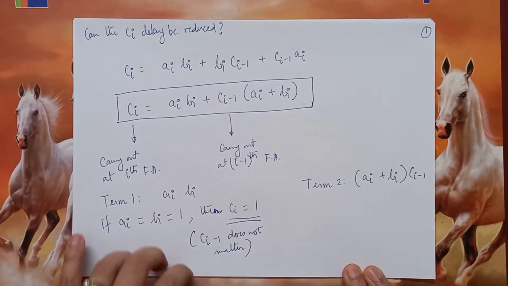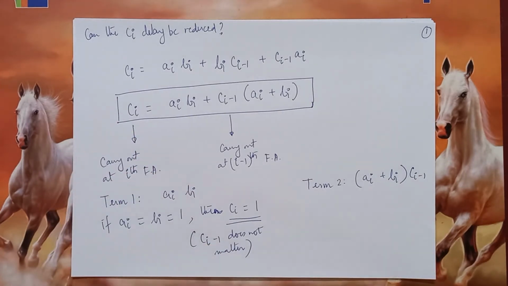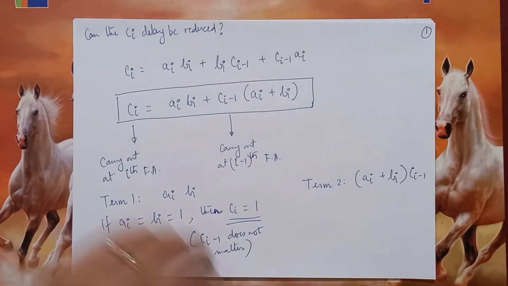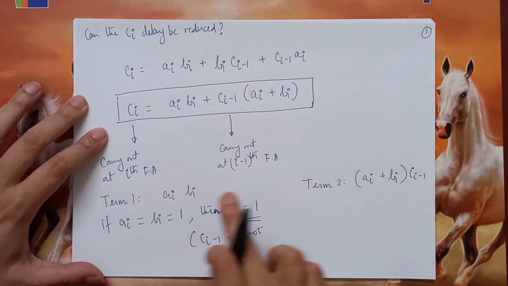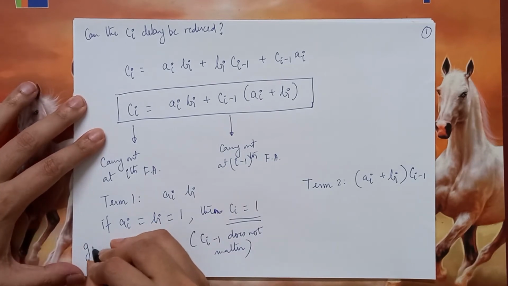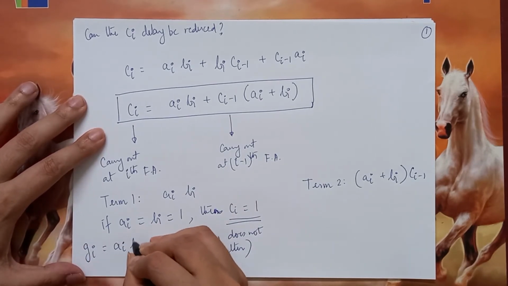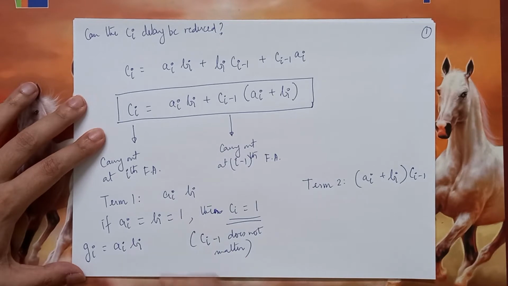In this case, our full adder itself in the ith stage is generating a carry. This is called the carry generation term, Gi. So Gi is ai bi, called the carry generator.